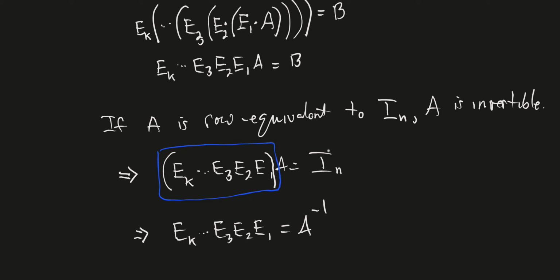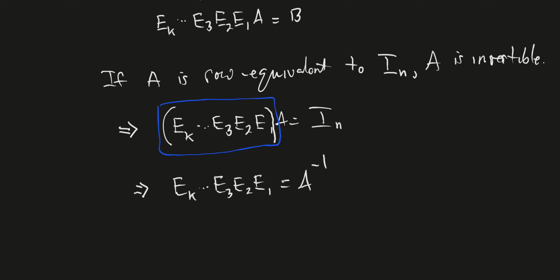That's the only way I will get the identity here. This is an important fact, and we're going to state it as a theorem, but what this is saying is that the inverse can be expressed as a product of elementary matrices. So that in itself is really good.